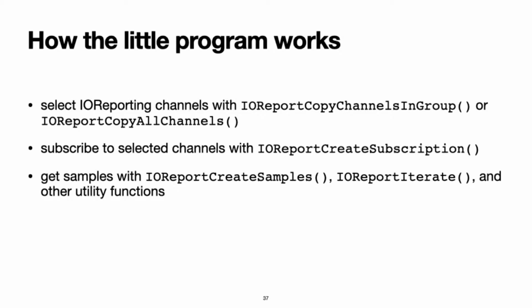Second, subscribe to the selected channels with IOReportCreateSubscription. Third, get samples with IOReportCreateSamples. Then we can use IOReportIterate to iterate through all the samples. And there are other utility functions.